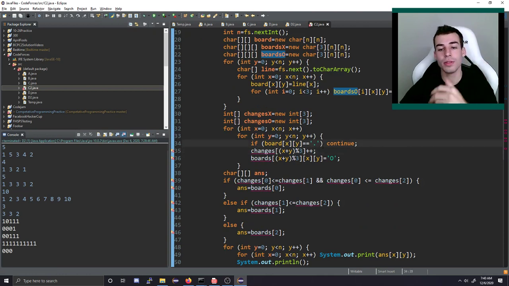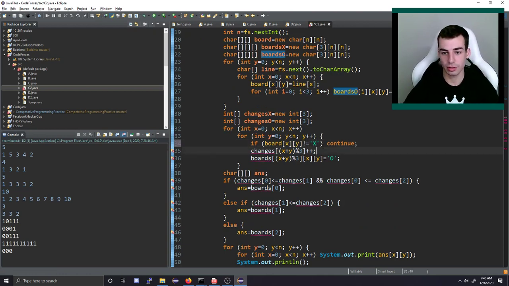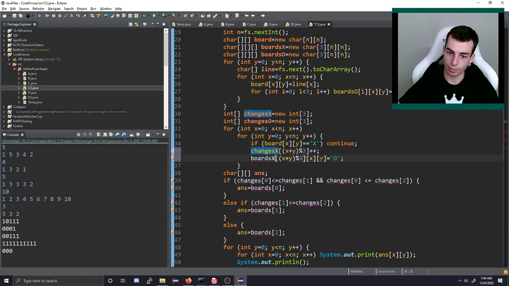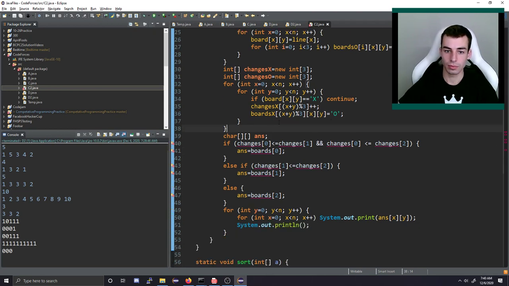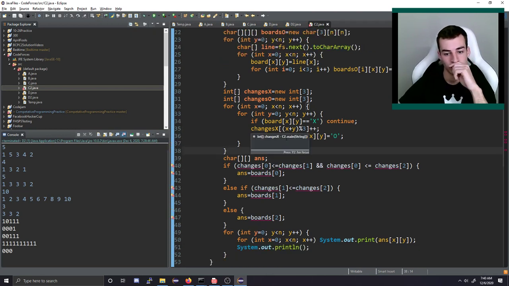Okay. If it is equal to an x, continue. Otherwise, change x at this, count plus plus. Wait, what if it's only on 2? These are all x's, these are all o's. Then pick one for that, one for the other. Yeah, okay.